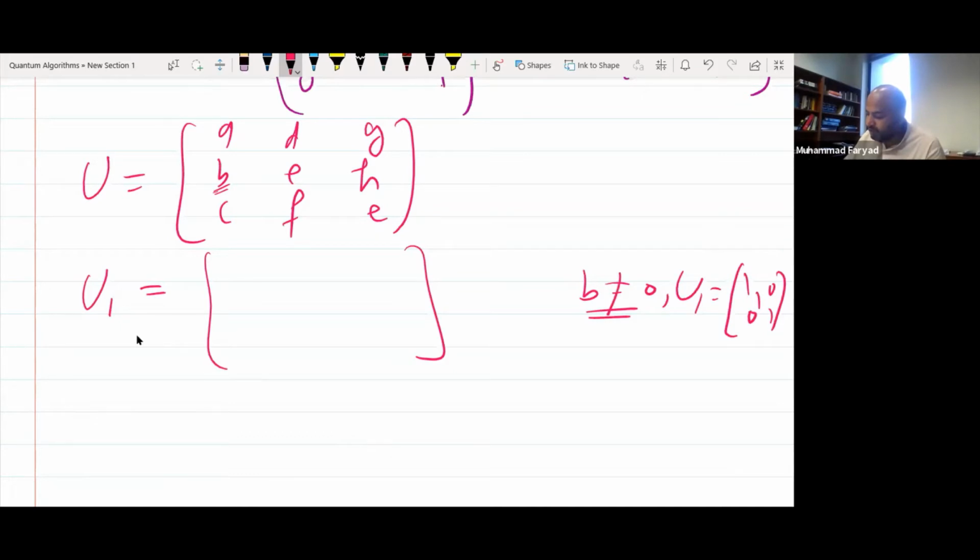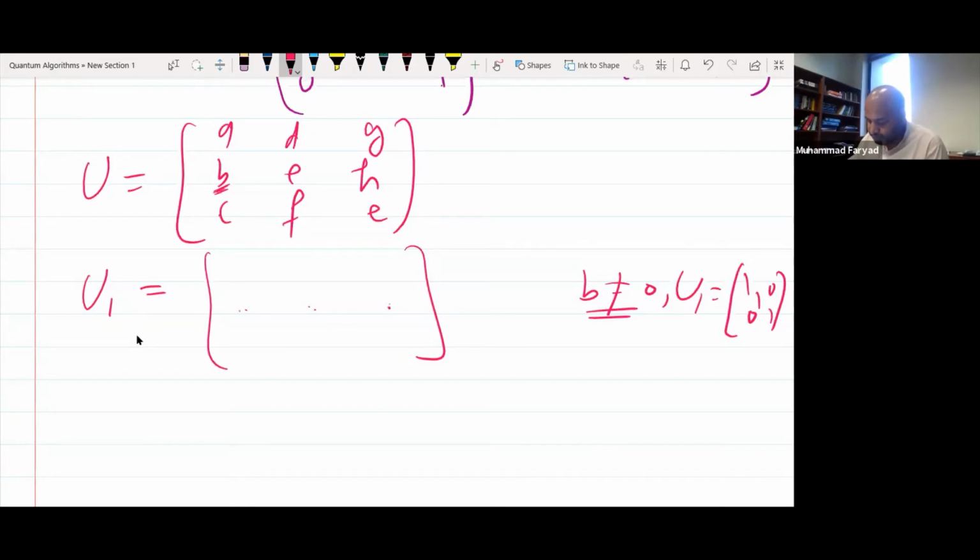But assuming B is not 0, then I can write this U1 like this. I want 0 here. So whatever this matrix is, its second row should have a special construction, because when the second row gets multiplied with the first column, I will get this element.